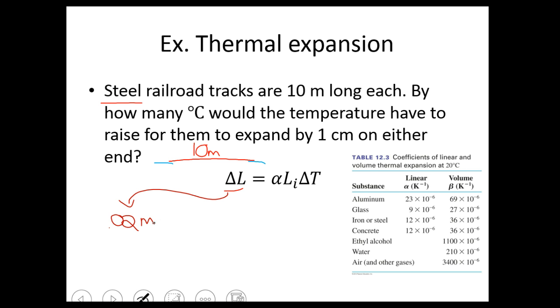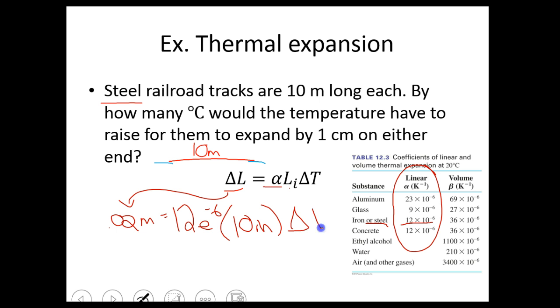Right? I'm going to set that equal to, okay, then the alpha. Well, we're dealing with steel, so I'll go to my handy dandy table and I'll find steel. And I know this is a linear expansion, so this is what I'm going to be using for alpha: 12e to the -6. The original length of that was 10 meters. And I'm asking by what temperature would it have to increase.